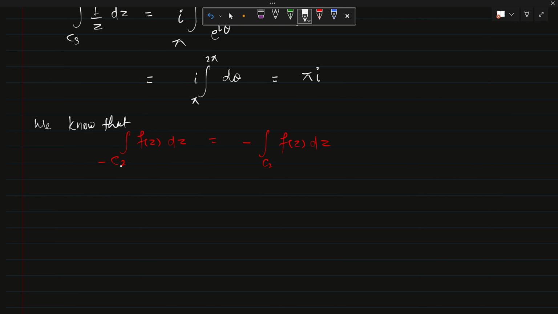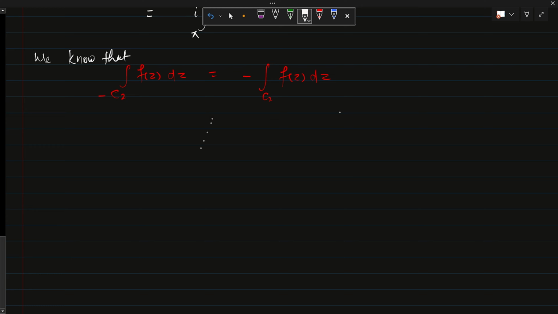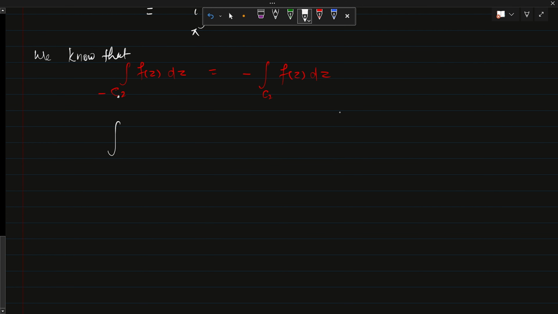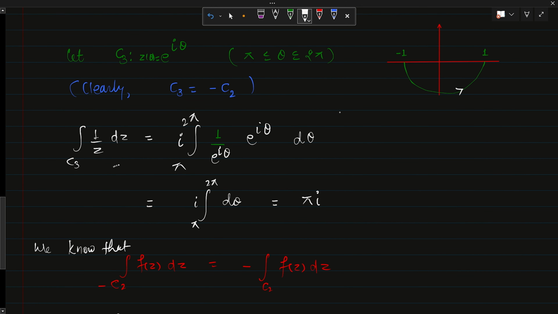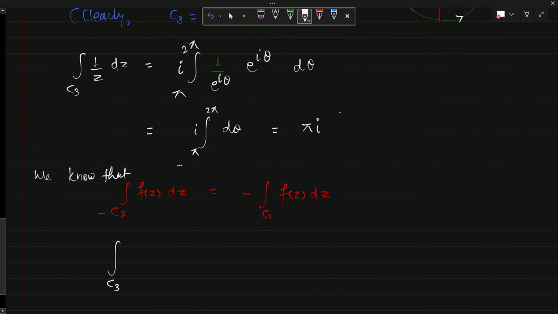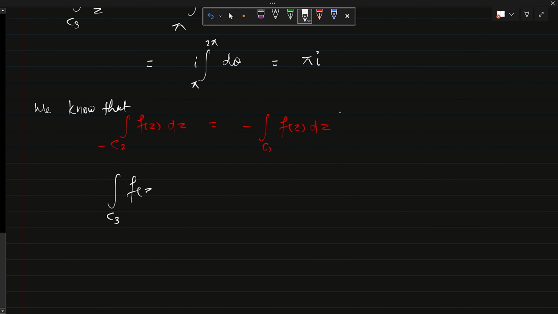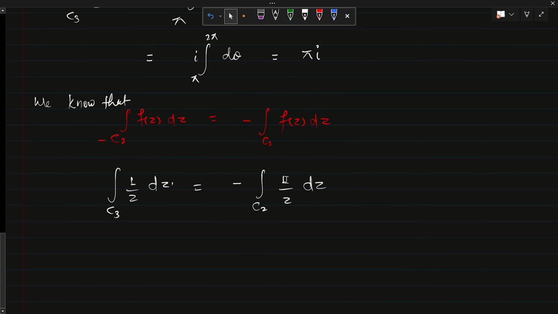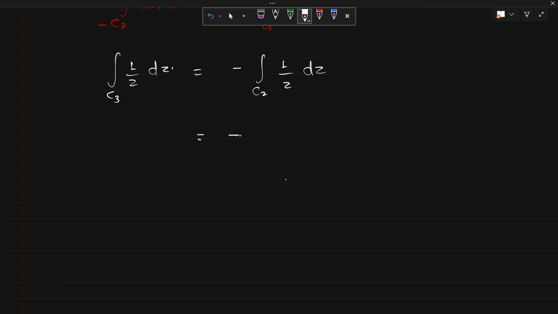Now we know what is minus C2. What is minus C2? Minus C2 is nothing but C3. We have mentioned here that minus C2 is C3. So the integration along this particular function, let me write in explicit form, 1 by z dz is nothing but negative of integration along C2 of 1 by z dz. ओके, एंड वी हैव कैलकुलेटेड कि इसका वैल्यू क्या है, दैट वैल्यू इज नथिंग बट नेगेटिव ऑफ दिस पर्टिकुलर इंटीग्रल, which gave us minus pi iota.